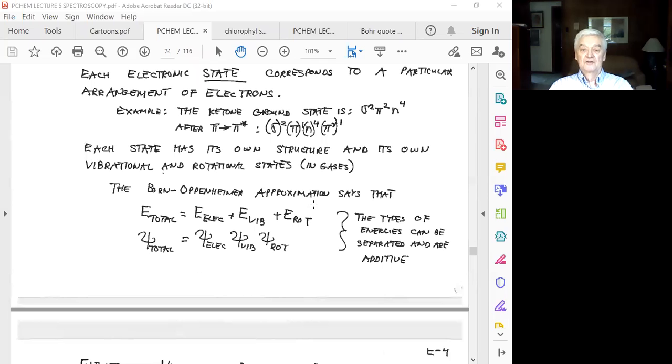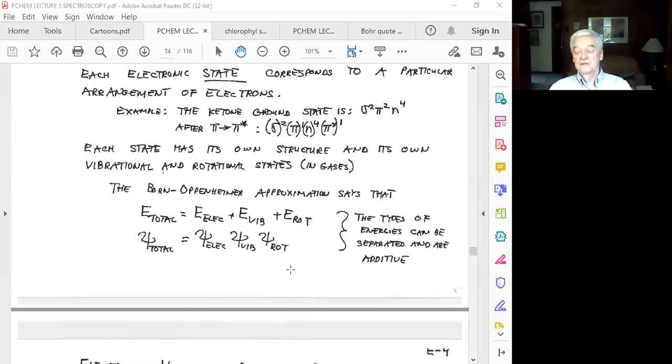When we start doing electronic spectroscopy, we rely again on the Born-Oppenheimer approximation. We say electronic, vibrational, and rotational levels are separable, and we can, in general, just add the energies of each type together. I will show you what I mean by that on the next page. And the wave functions wind up being the products of each of these.